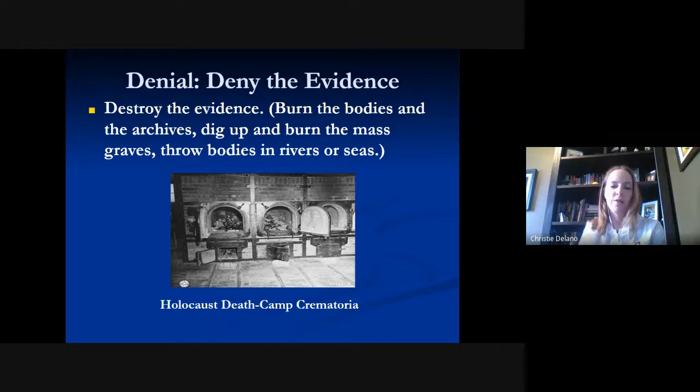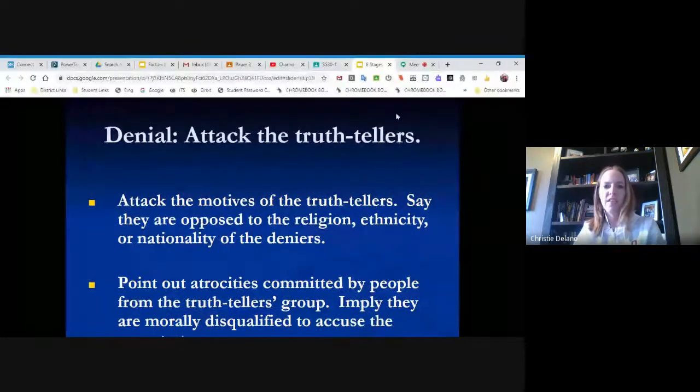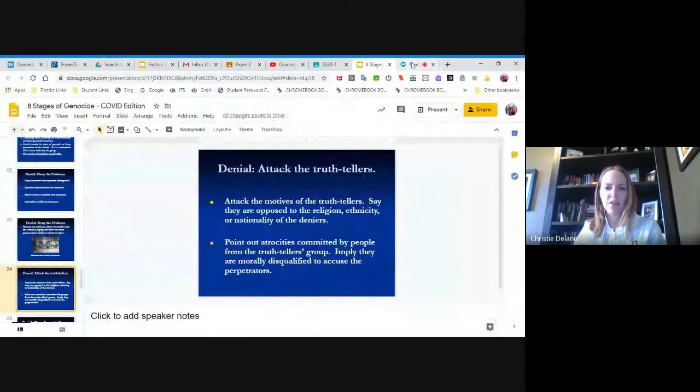And so, right, this becomes very difficult to deny, but there are Holocaust deniers out there. They attack the truth tellers, attack the motives of those telling the stories, point out atrocities committed by other people.